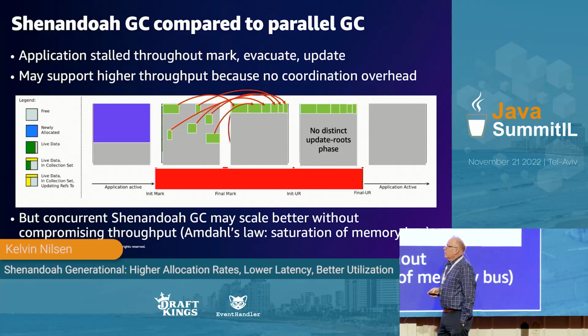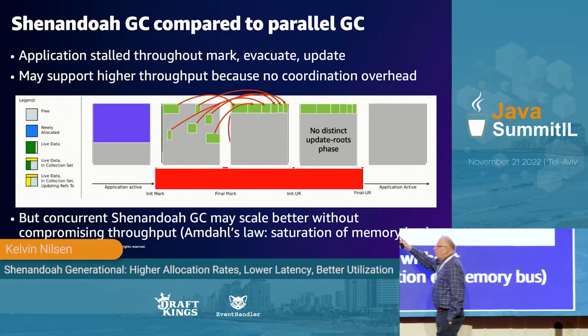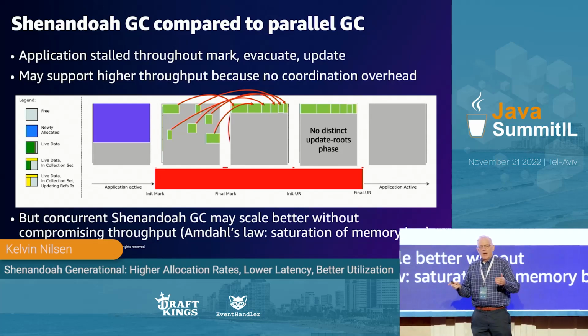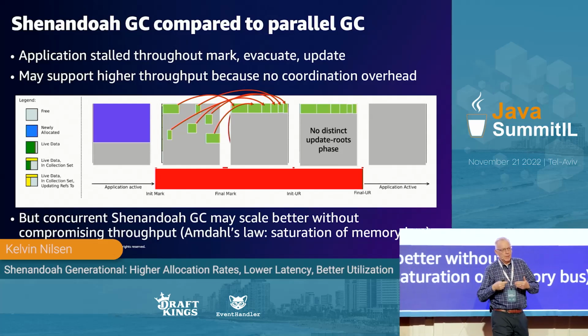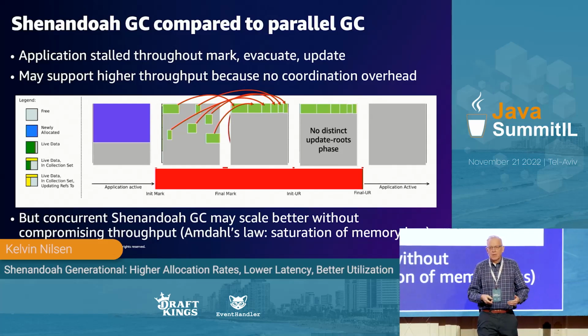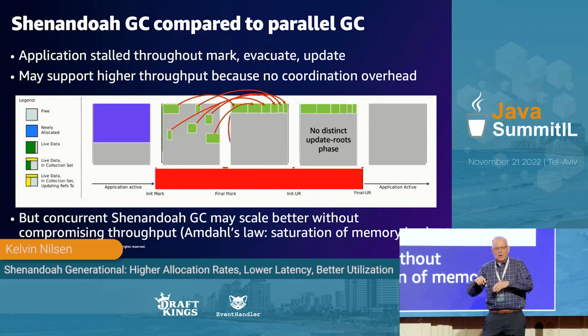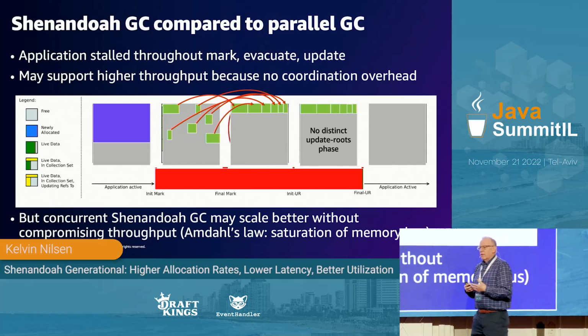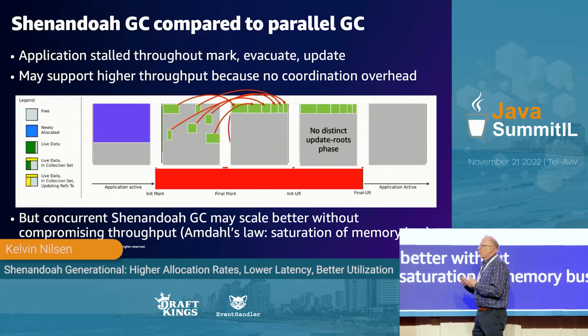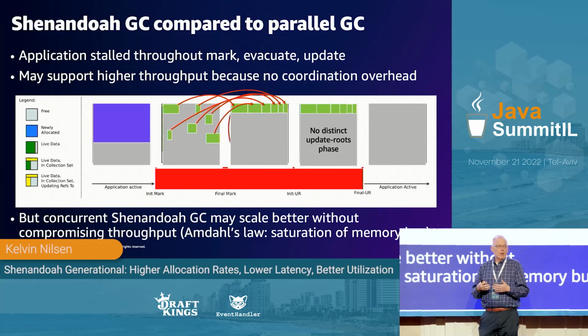One observation is that because we've stopped the world, we don't have to coordinate between the application code and the garbage collector. If the application is modifying objects while the garbage collector is working on those objects, you have a synchronization issue. And that requires what they call barriers.